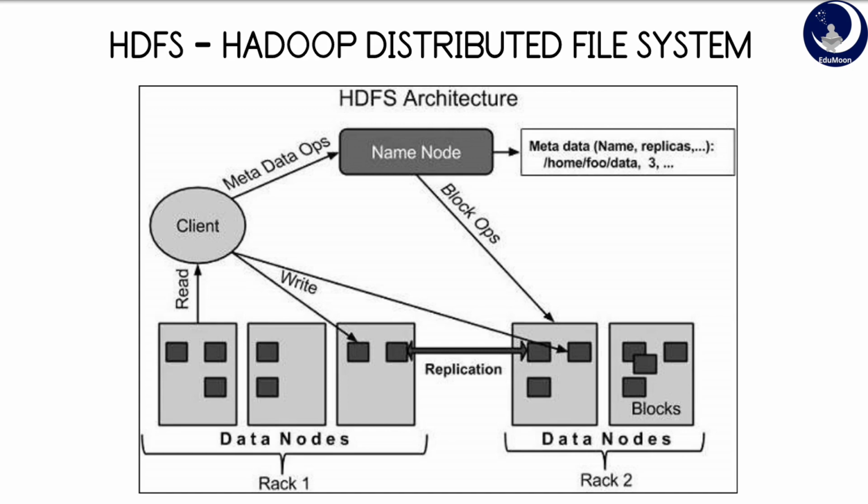Data nodes perform read-write operations on the file system as per the client's request. They also perform operations such as block creation, deletion, replication, etc. We shall discuss in detail the name node and data node in later videos.